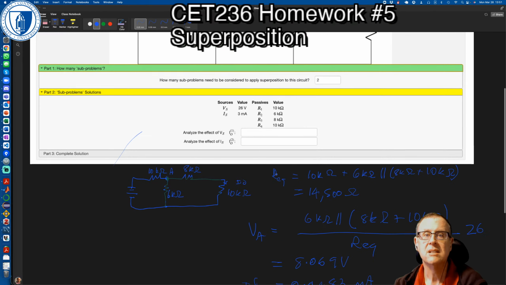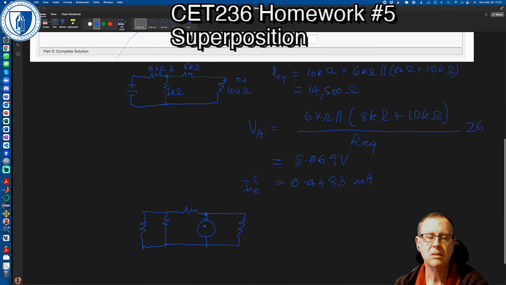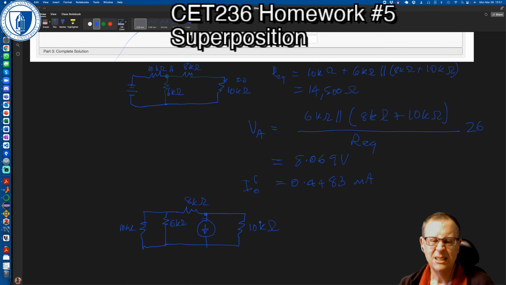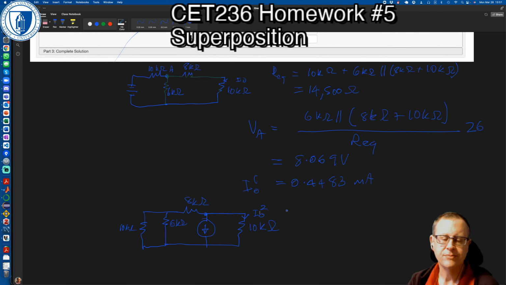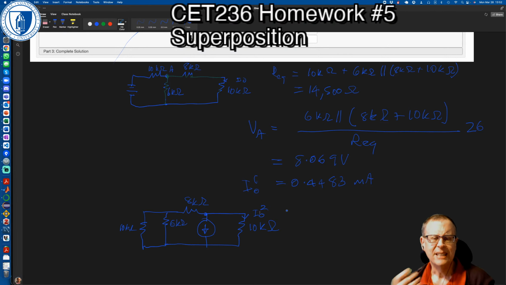So again, we've got our 10 kilo ohms here, we've got our 6 kilo ohms here, we've got our 8 kilo ohms here, and we've got another 10 kilo ohms here. Now, we want to get this one, I out 2.